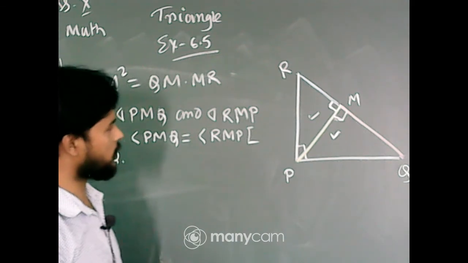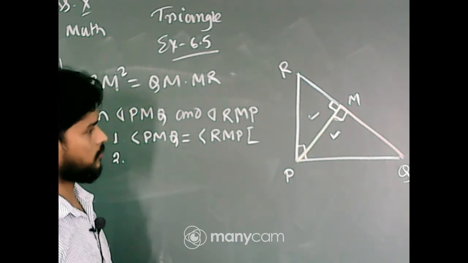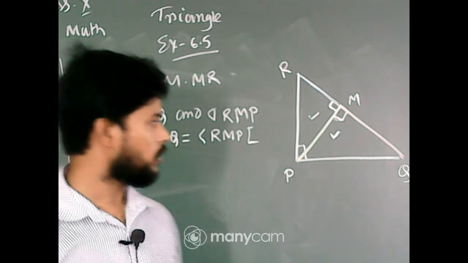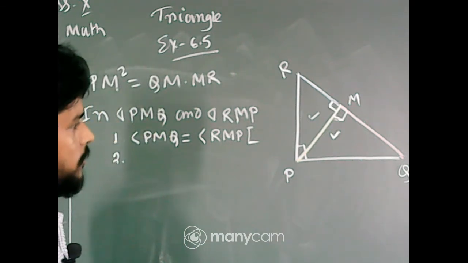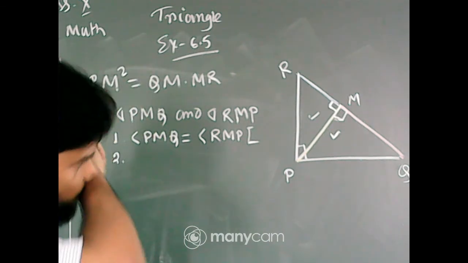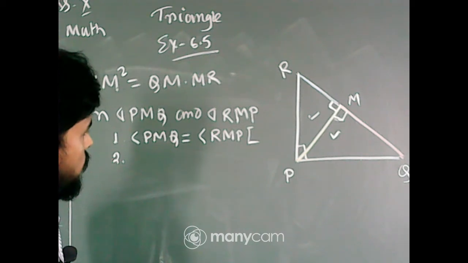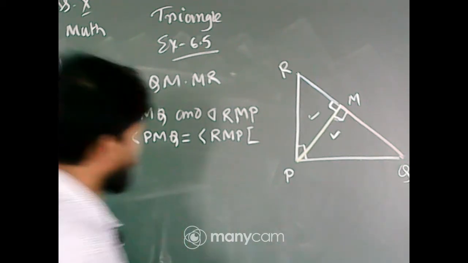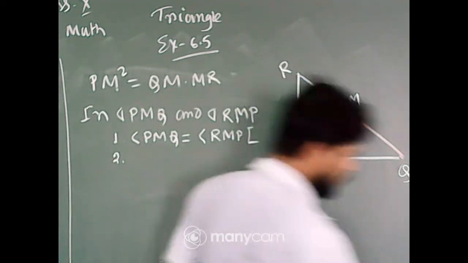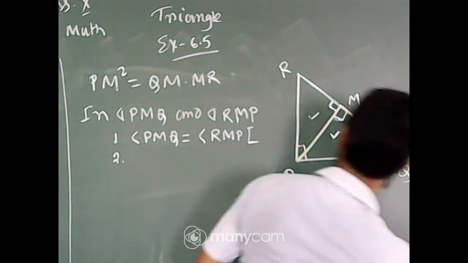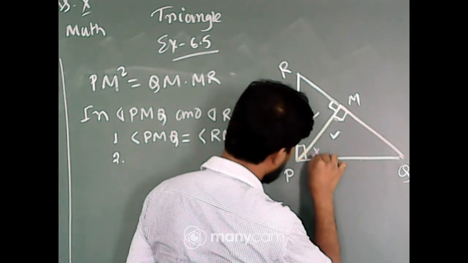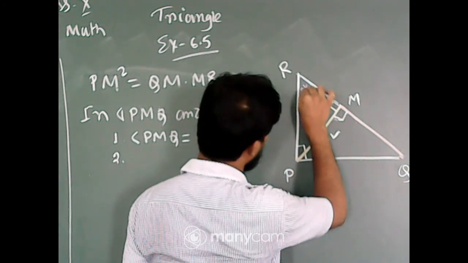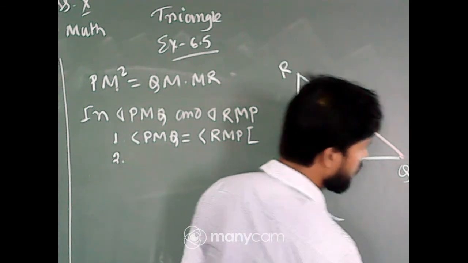And the second condition. What will be the second condition? Okay, I am telling you. Now look, the second condition will be this angle equal to this angle. Now tell me why they are equal.